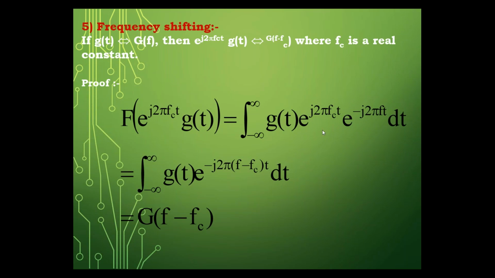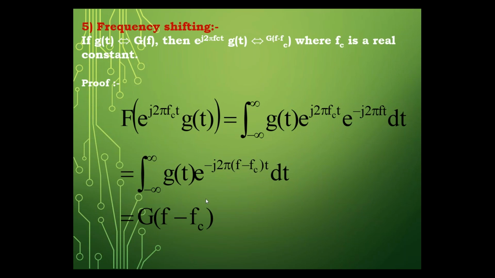Now since both are exponentials, I can add or subtract these two exponentials. So I can write the term like this: e power minus j2 pi, taking minus outside, f minus fc.